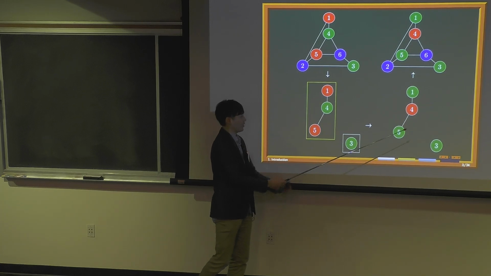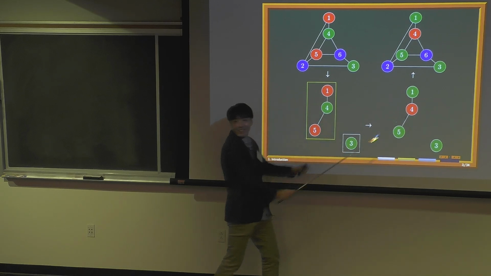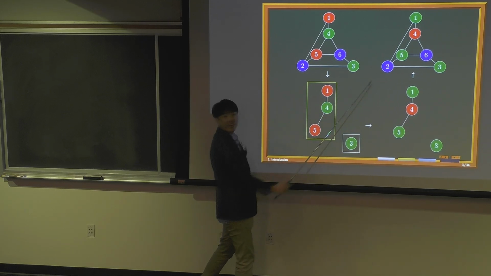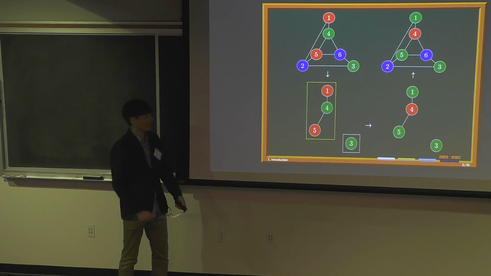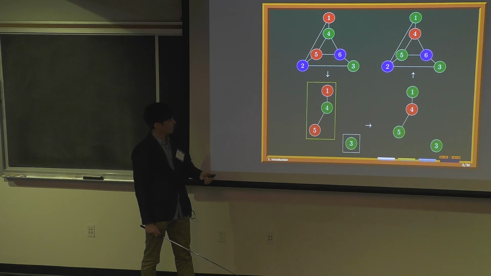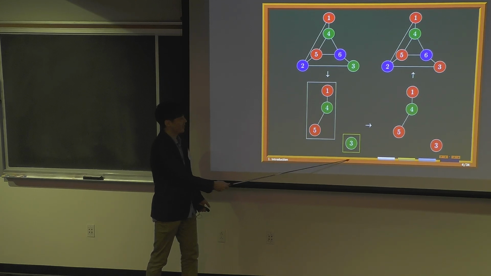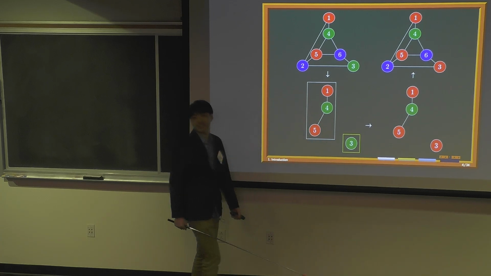And we put this new color back to the original coloring. Then we get another three coloring. So this process is called Kempe switching. Of course, if we choose another connected component, then we get another three coloring.